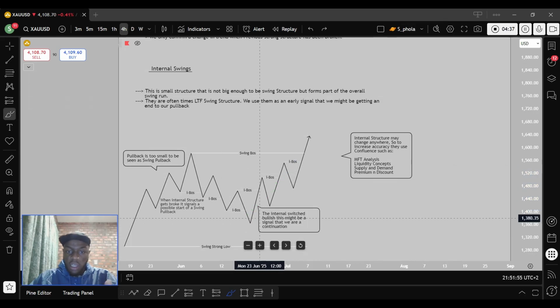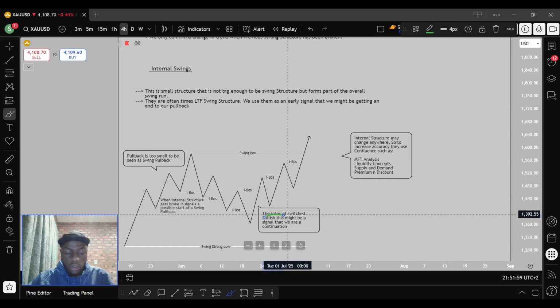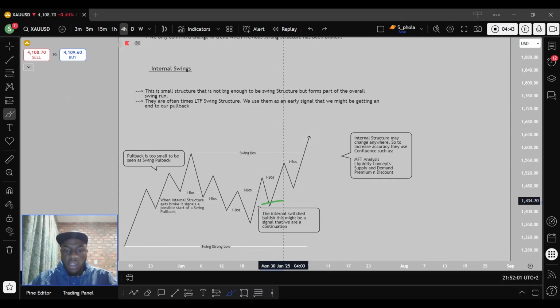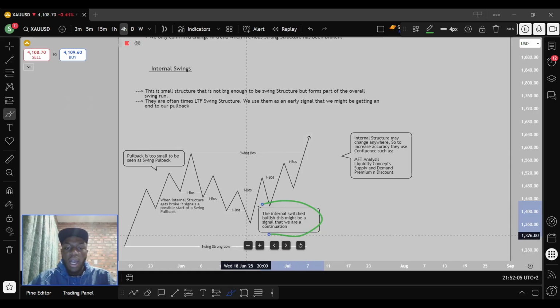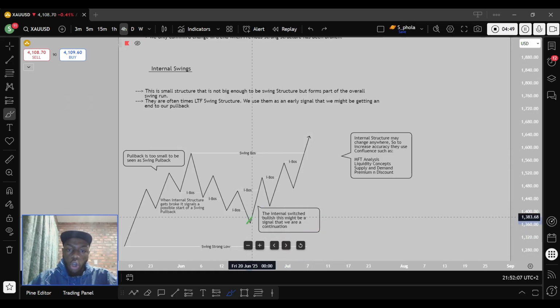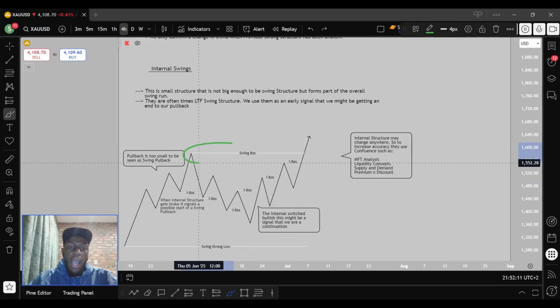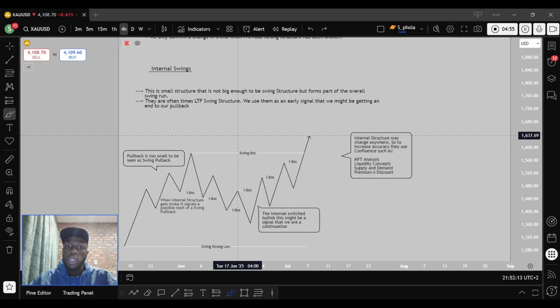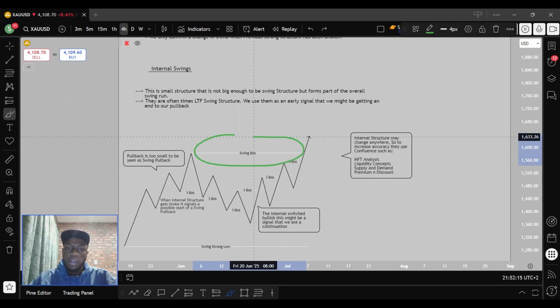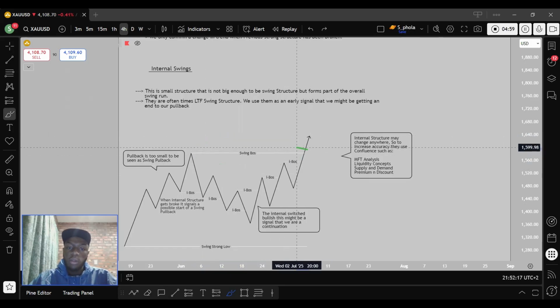The internal switched bullish. This might be a signal that we are getting a continuation run towards our higher high, towards our swing high. Understand? And which might end up breaking swing structure.